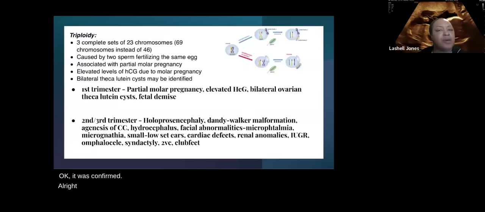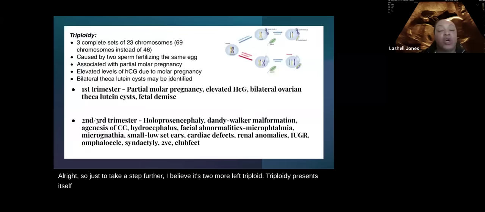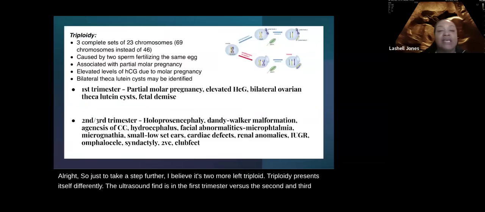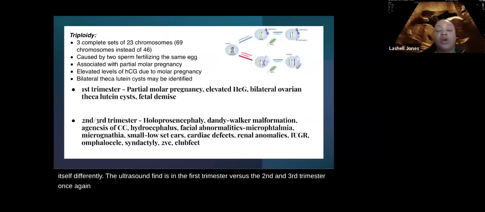So just to take a step further, I believe there are two more left. Triploidy presents itself differently, with different ultrasound findings in the first trimester versus the second and third trimester. Once again, the HCG levels are extremely elevated in these cases.